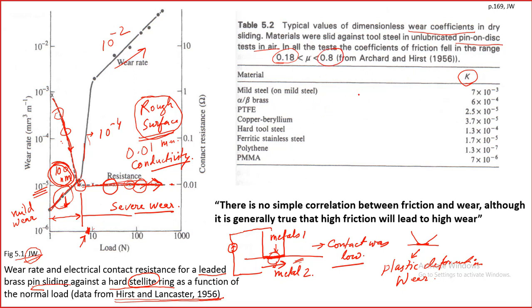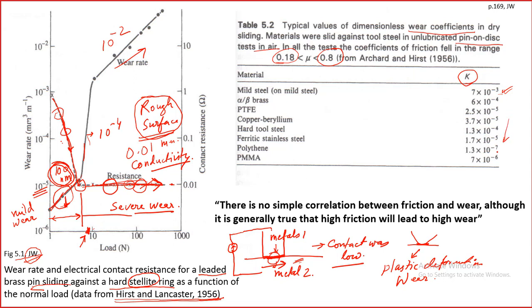So mild steel on mild steel gave very high wear rate, as you can see, 10 to the power minus 3. But when you change to another material against mild steel, the wear rate was lower. Sorry, this one. Yeah. So wear rate was reduced. Okay.